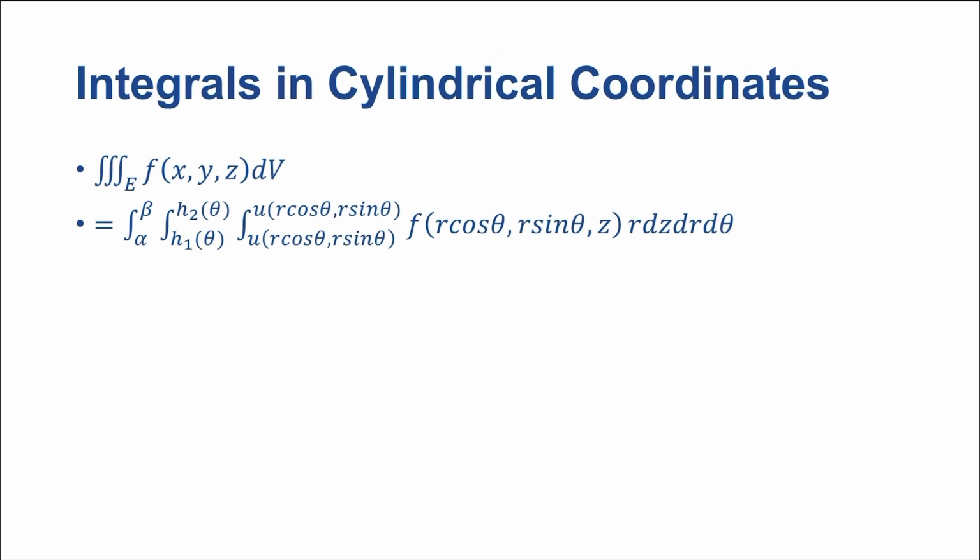So I would have u sub 1 and u sub 2, all of r cosine theta and r sine theta. And of course, I need to convert my function into the correct form, so f of x, y, and z would obviously go to f of r, theta, and z. But of course, you use these conversion formulas to determine what you're integrating over, right?